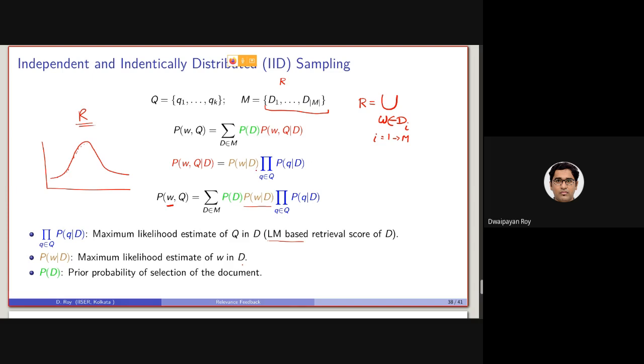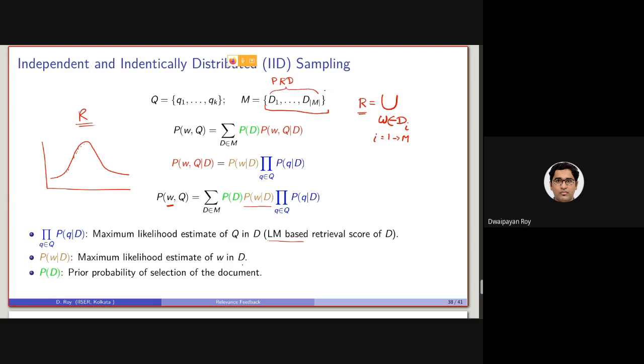Practically, or ideally, this R should contain only those terms which occur in the true relevant documents, isn't it? Here, this is a set of pseudo-relevant documents.